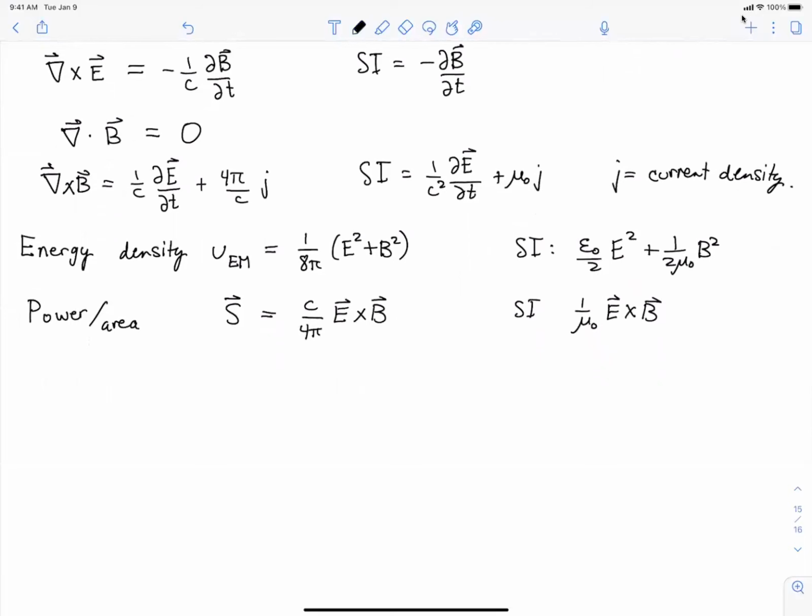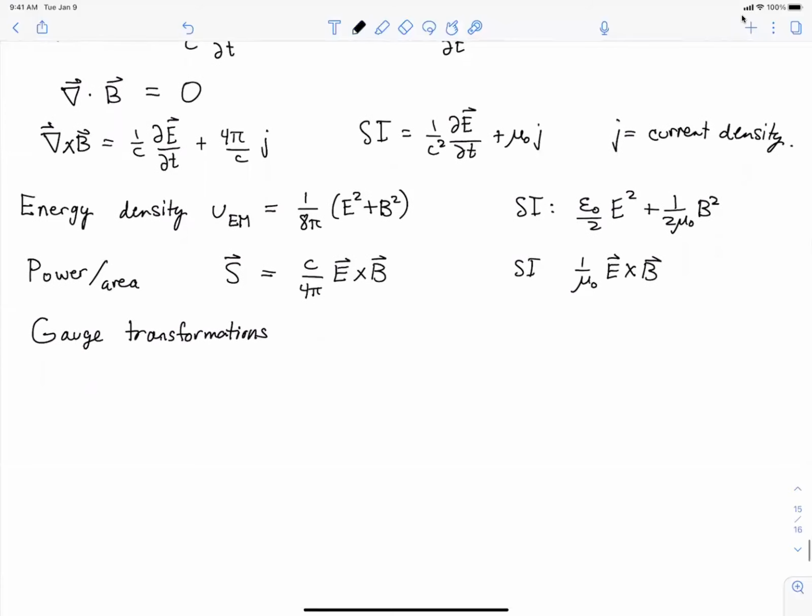another important thing that we want to talk about is gauge transformations. Gauge transformations tell you that if you're only interested in the electric and magnetic fields, then you can change your potentials at any time you want by taking the electric potential and replacing it by itself plus a time derivative of any function you want.